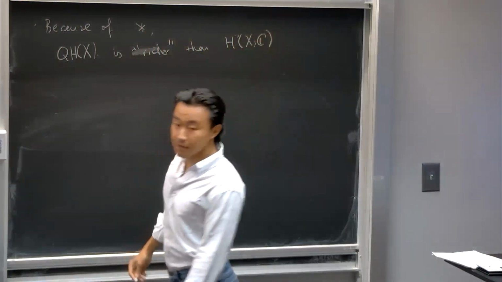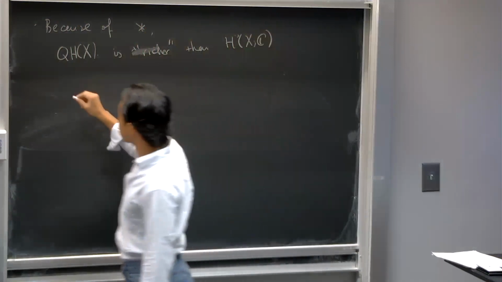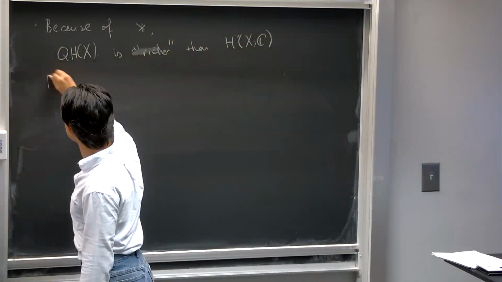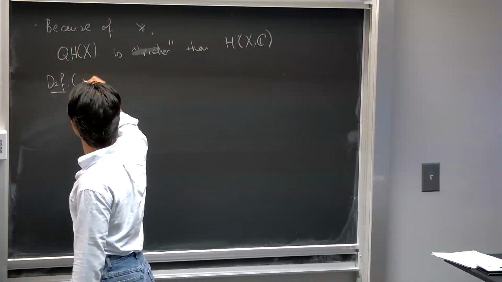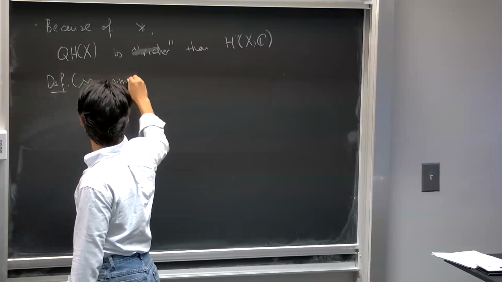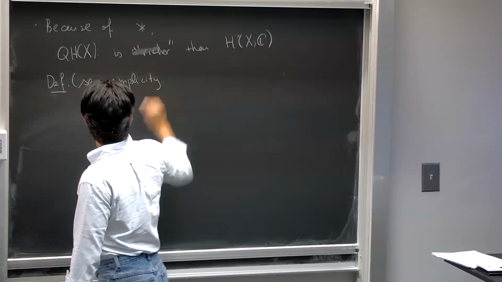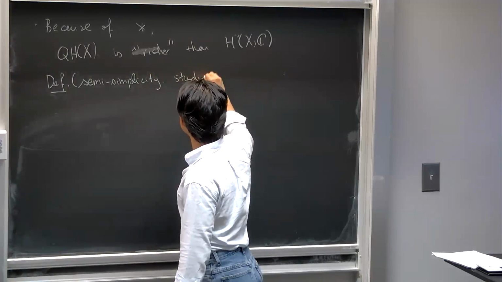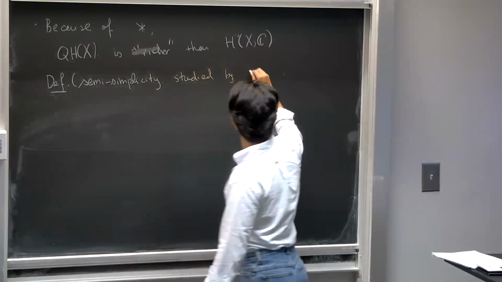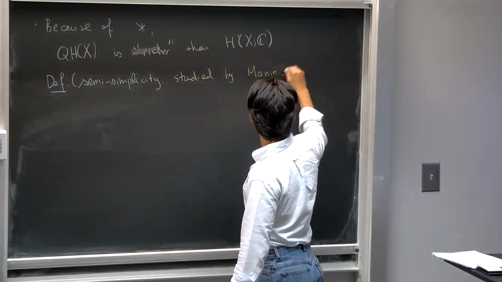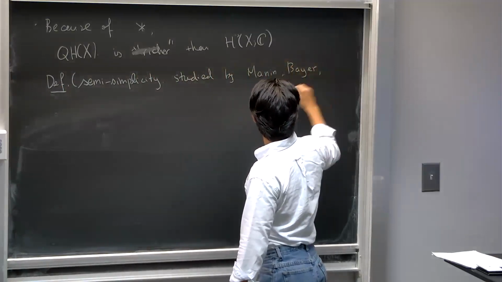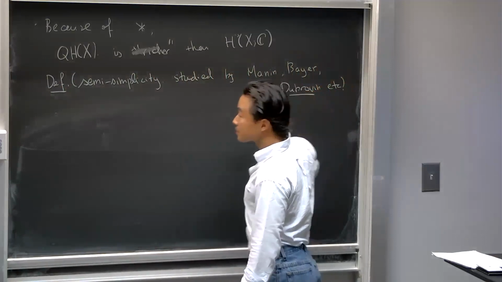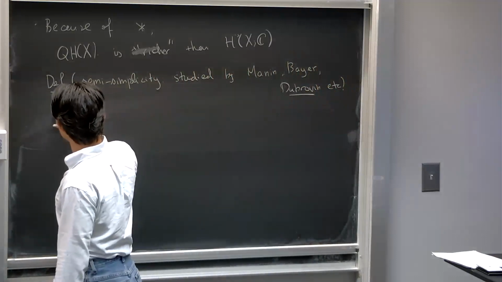So for example, there's a famous structure called semi-simplicity that's been studied a lot by algebraic geometers, by people like Manin, Bayer, Dubrovin. And Dubrovin has a famous conjecture concerning semi-simplicity, for example.